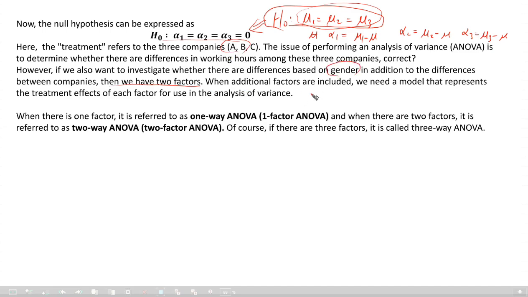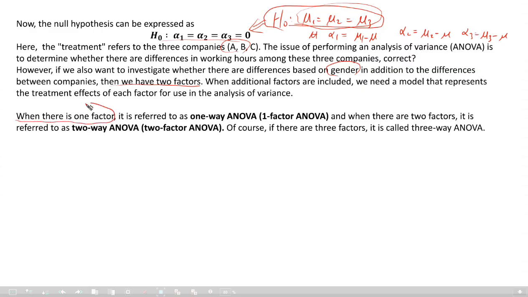When additional factors are included, we need a model that represents the treatment effect of each factor for use in analysis of variance. Then we call it two-way ANOVA.